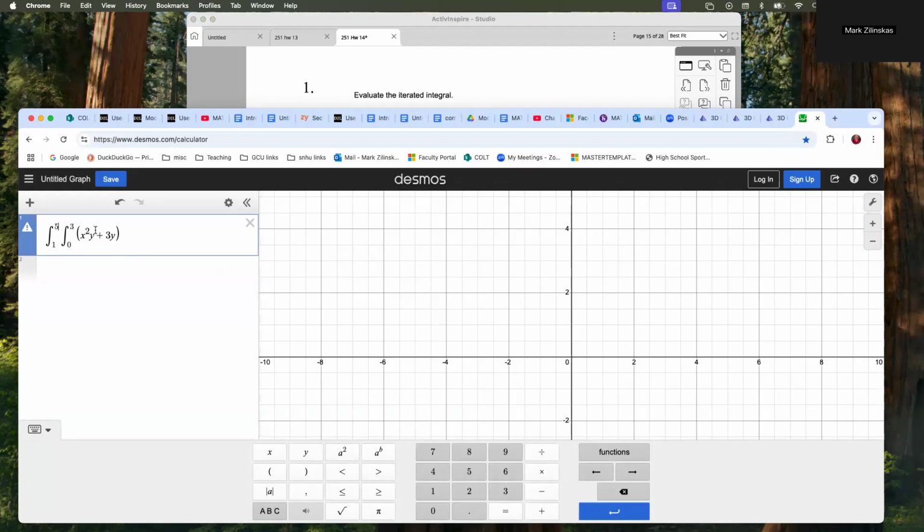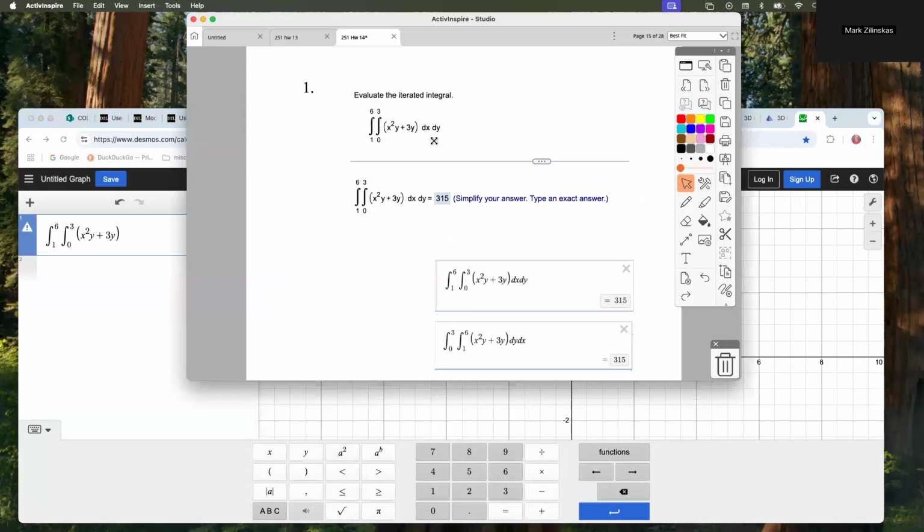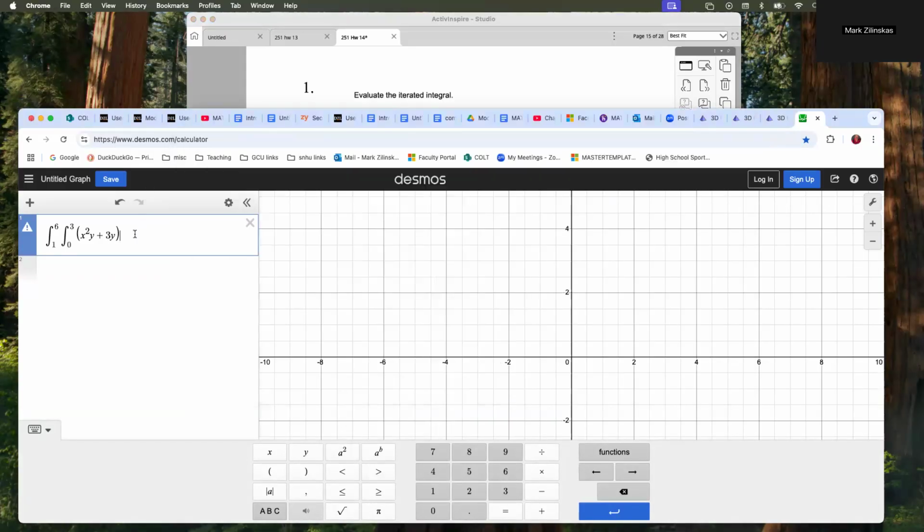Whoops, wrong number, one more time. Oh, and then I forgot my dx dy, so I'll go dx dy. Once I type that in, you can see that the number just pops up over here. So it's pretty simple, just a matter of getting it keyed in there.